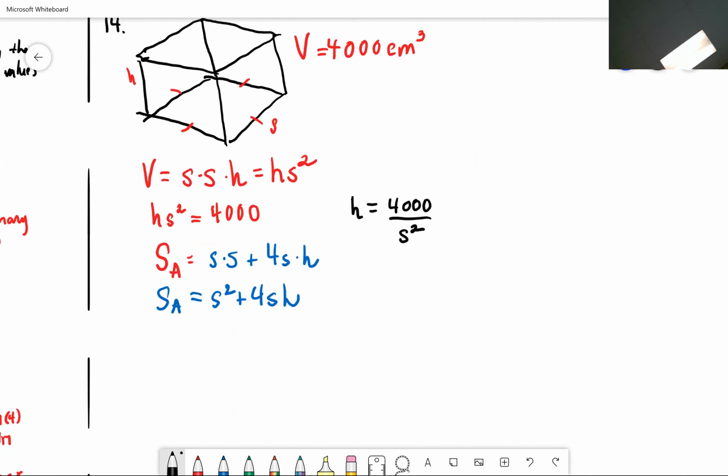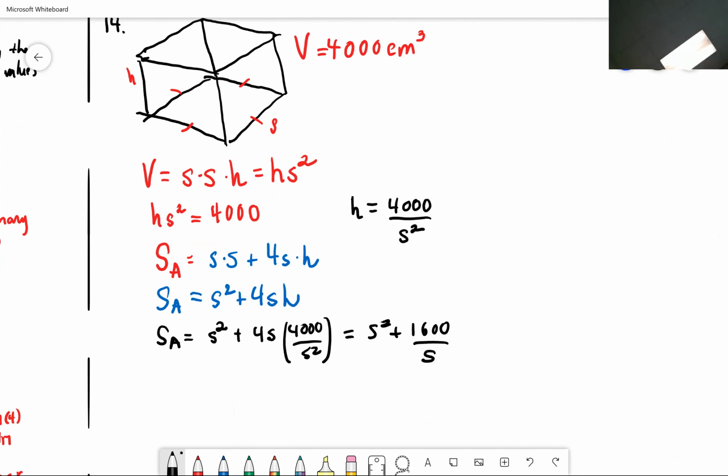So now I may write the surface area A equals S squared plus 4S times 4,000 over S squared. I'm going to simplify that a little bit, and then take the derivative. So that's S squared plus 16,000 over S, because one of the S cancels.